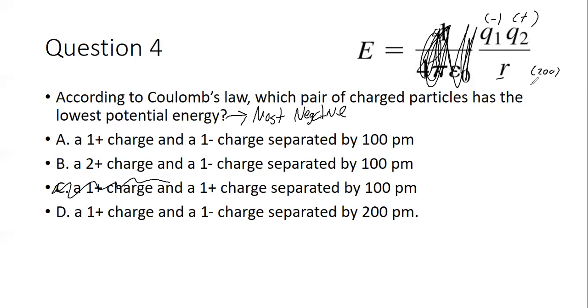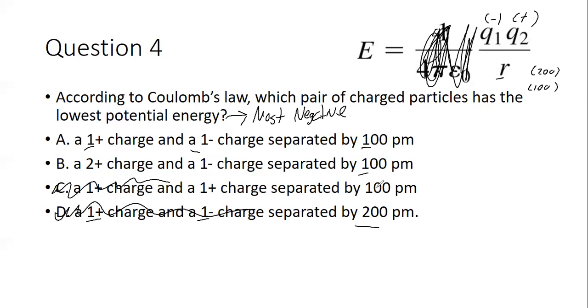For A, my denominator is 100, and if we compare A and D, they have the same numerator, right? So D I can eliminate already because I'm looking at the same charges, but a larger distance, so that can't be more negative. So by process of elimination, I'm now down to A and B.